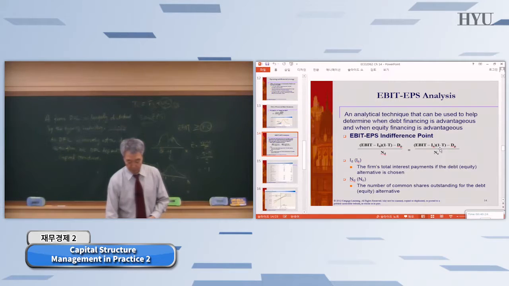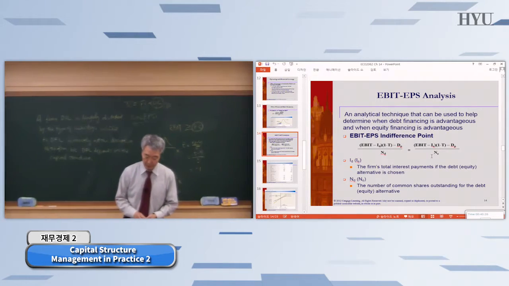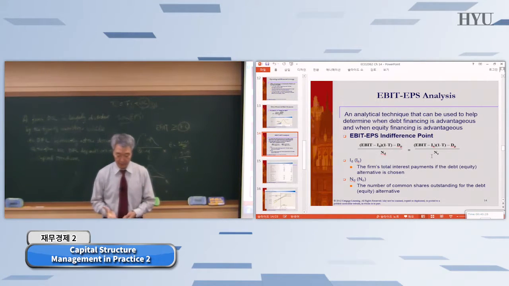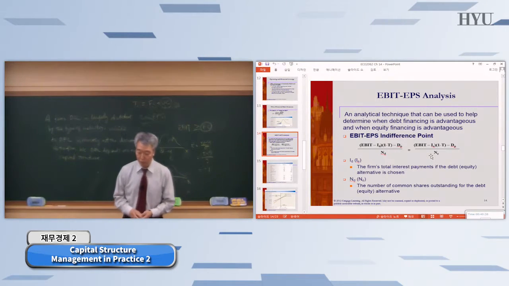So when you divide that by NE, the number of outstanding shares in case you go for additional equity financing, right? So between ND and NE, which one will be larger? NE will be larger, right?